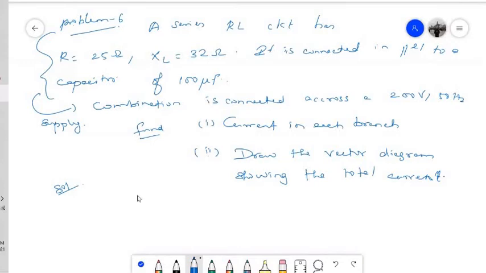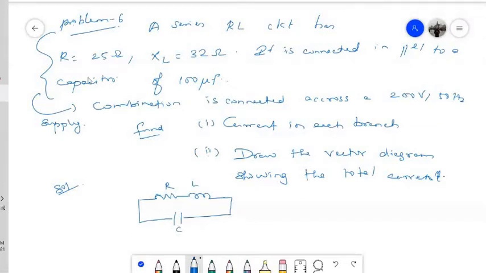Now as per the given input, I can draw the diagram. So first is an RL combination, but this L is not directly given, XL is given, and this is connected in parallel to a capacitor.